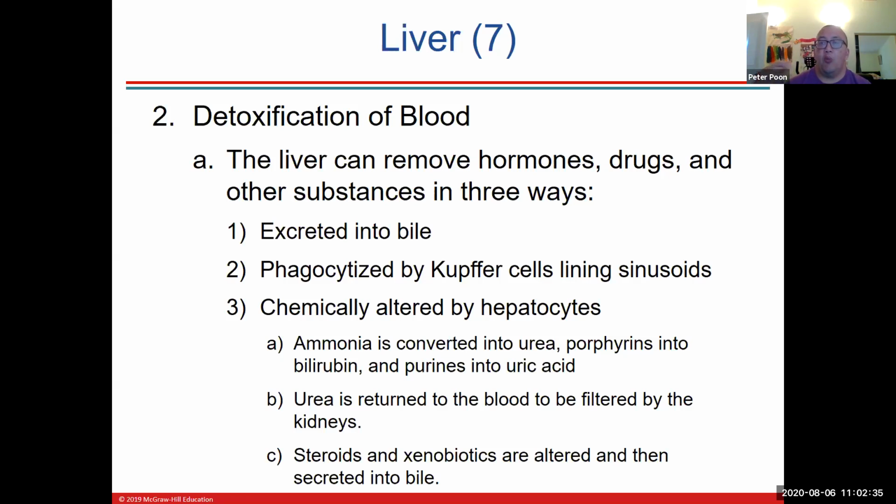When we eat things that have a lot of amino acids, one of the things we produce when we cleave off the nitrogenous group, we usually cleave it off in terms of ammonia. Ammonia is toxic, and so the liver quickly converts two ammonia molecules into urea.